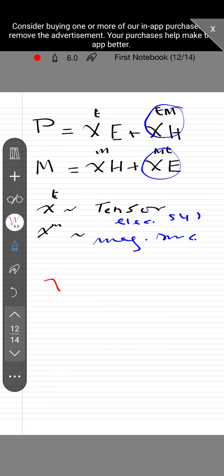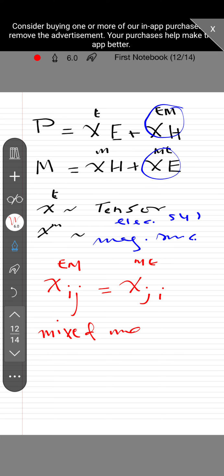So whether it is chi EM ij, which is in fact equal to chi ME ji, they are mixed magnetoelectric susceptibility tensors.